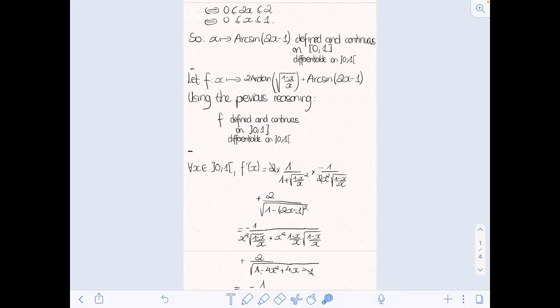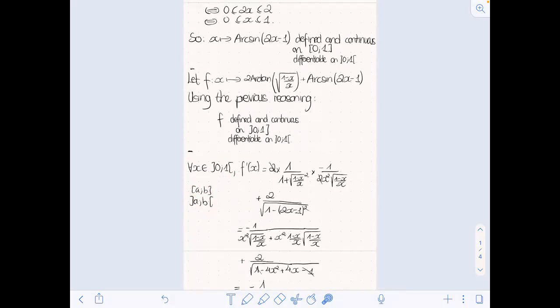Yeah, absolutely. If you have a function that's differentiable on some open interval AB, but continuous, for example, on AB closed, as soon as you have the function's derivative equal to 0 here, the function is constant on that domain.